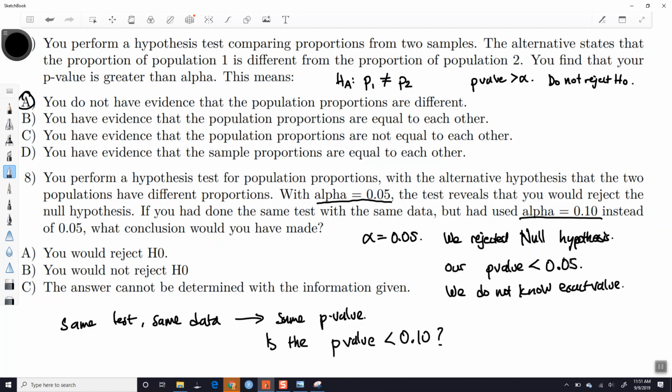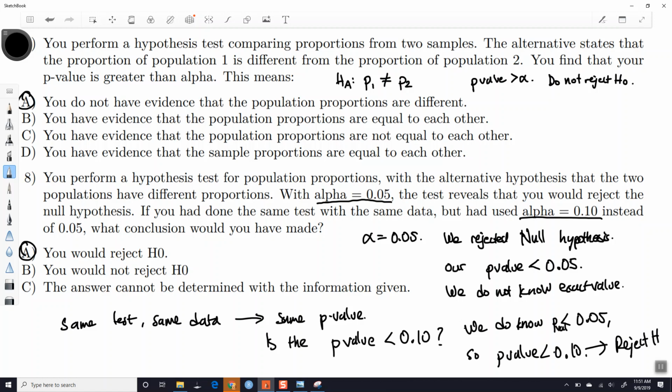And so is it less than 10%? Yes, it has to also be less than 10%. So we would reject H0, okay? The p-value is less than 0.05, so the p-value is less than 10%, which leads to reject null.